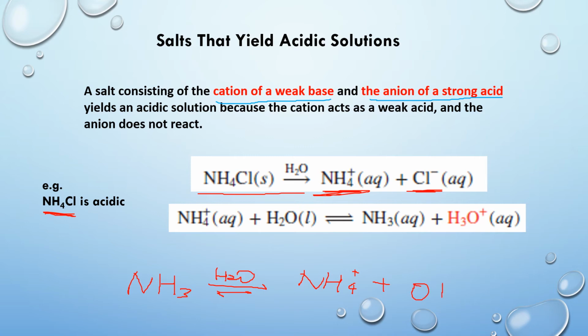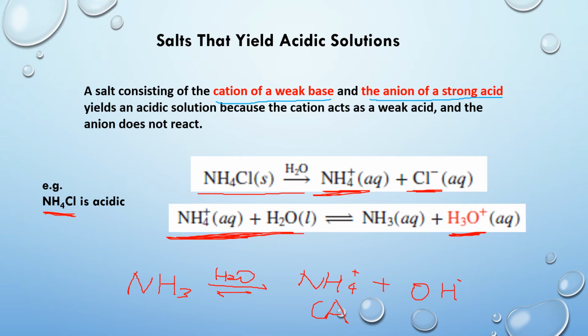So we say this NH4 plus is the conjugate acid of ammonia, so it's a very weak acid. When this ammonium dissolves in water, it will generate ammonia and this proton. So this ammonium will act like an acid. So it is the cation of a weak base.